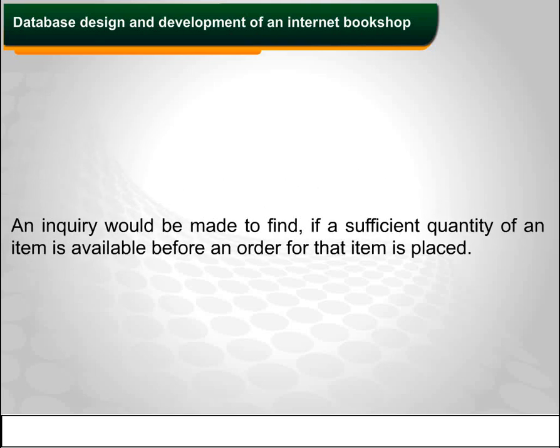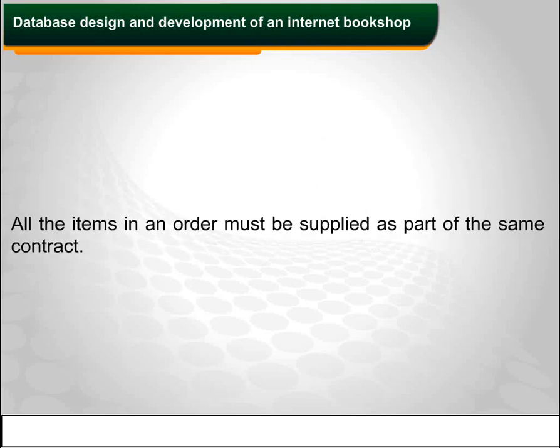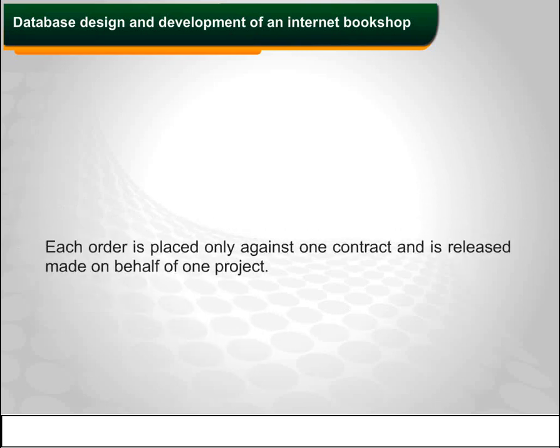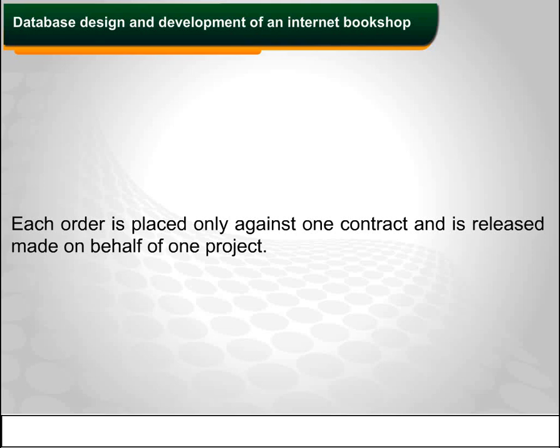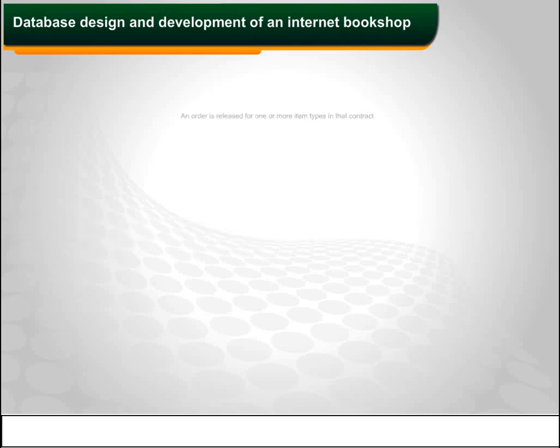An inquiry would be made to find if a sufficient quantity of an item is available before an order for that item is placed. All the items in an order must be supplied as a part of the same contract. Each order is placed only against one contract and its release is made on behalf of one project.